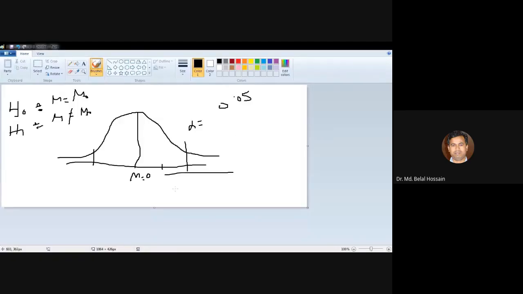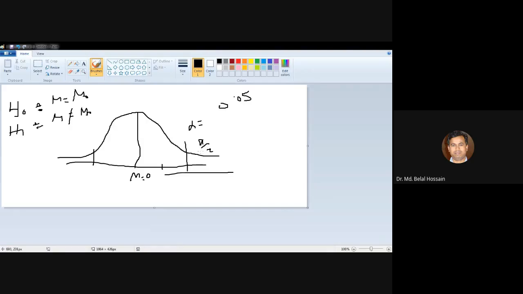So when we have an alternative hypothesis like this, that is not equals, it tells us our test is two-tailed, because the probability alpha will be split into two halves.